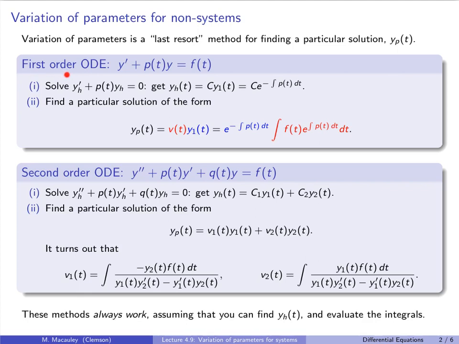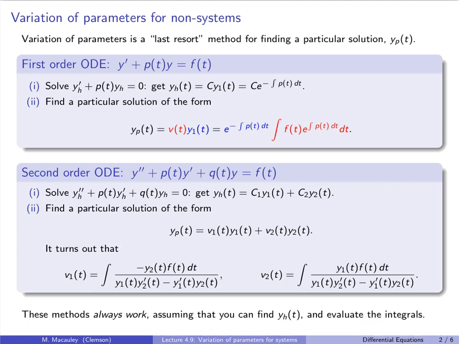For first order, integrating factor is about the same, but if you can solve the homogeneous equation and find a particular solution by inspection, that's easier. And for second order equations, we like to use the undetermined coefficients method. Again, guess and check to find your f of t, but you can't always do that, especially if you have a function like tangent of t. So this is a good last resort method that will work.